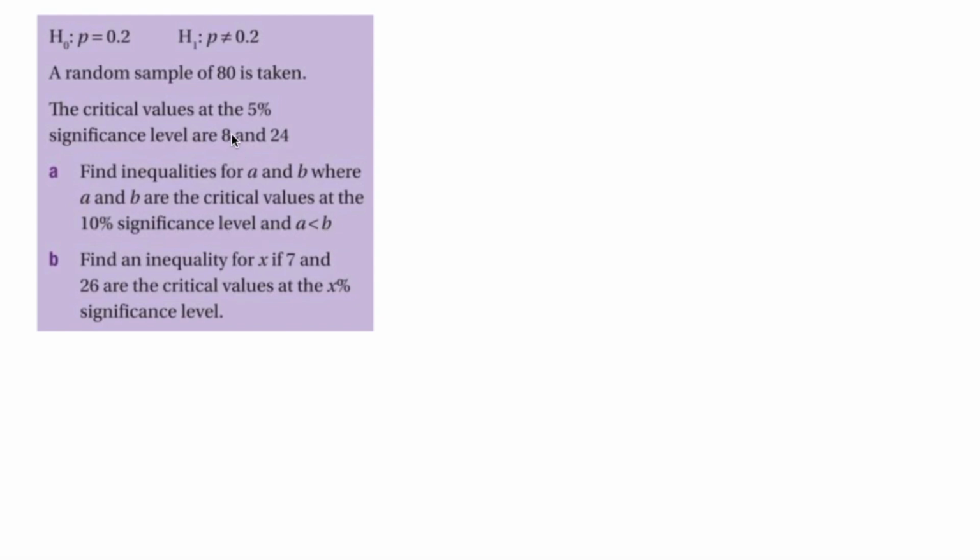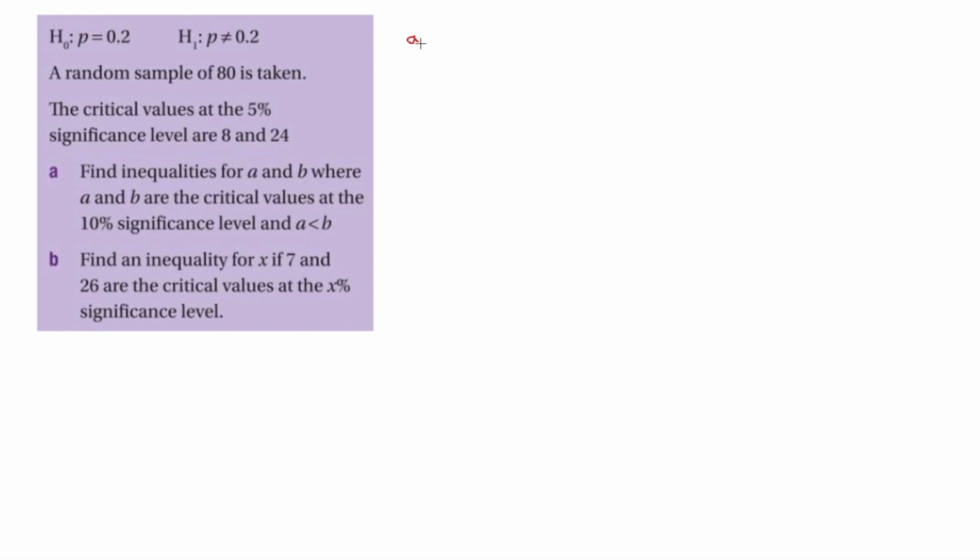So we have our two ranges. At the moment, if it is less than 8, we reject it. And if it is more than 24, we would also reject H0. That is at the 5% significance level. However, if we are at the 10% significance level, that would mean that it is more likely to reject H0.